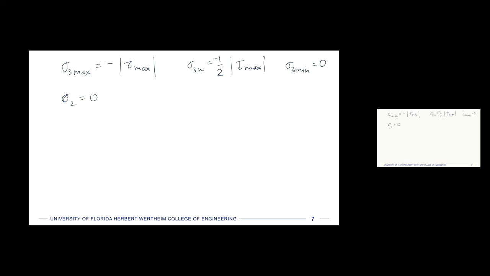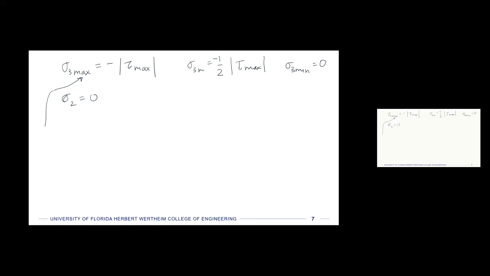So you might be looking at this and saying, okay, wait a minute. How can a maximum value be the negative of our applied shear stress? Normally when we say something is the maximum, it's not a negative, especially if we've defined everything very specifically. This goes back to that definition that I had before.